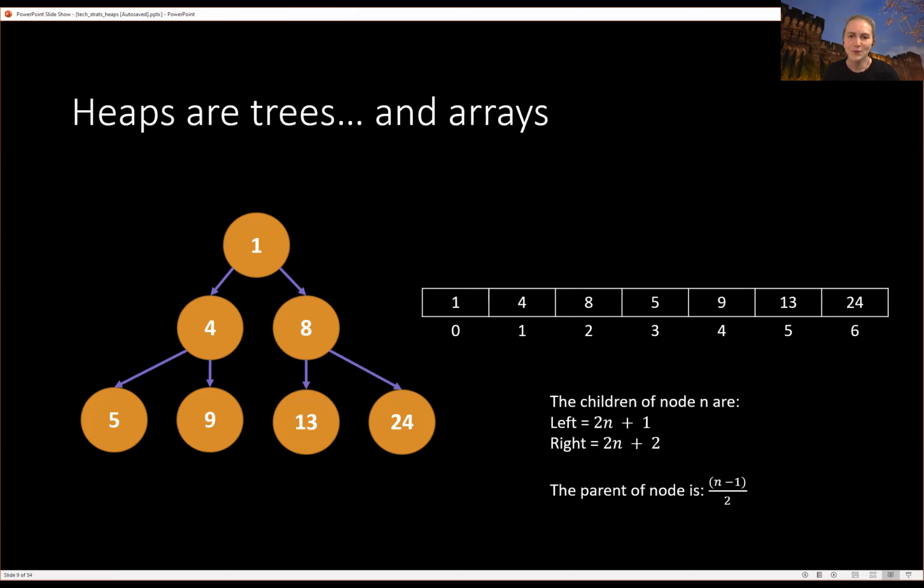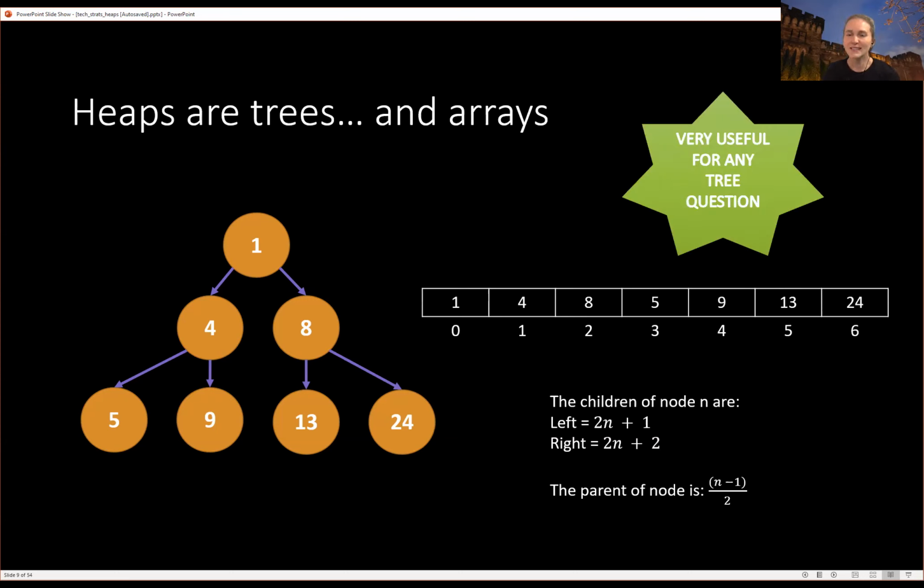You have a few simple formulas to calculate the children and the parent of a node. And I'm going to go through some examples of these formulas. So just to introduce this, if a node is at the nth index, so first index, third index, the left child is 2n plus 1, the right child is 2n plus 2, and the parent is (n minus 1) over 2. This is extremely useful for any tree question.